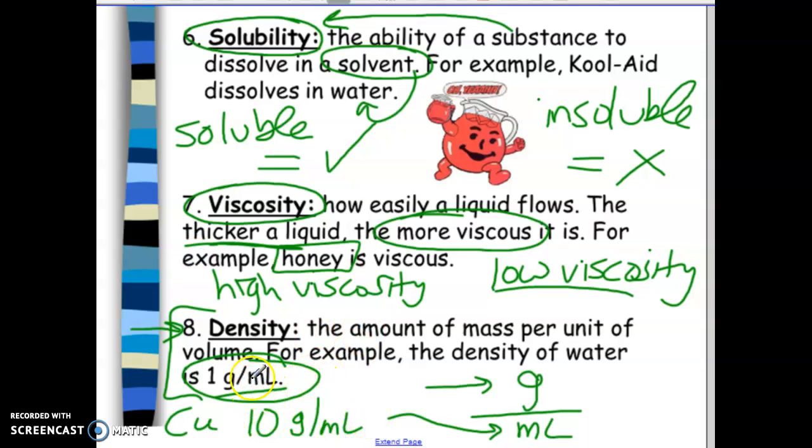So just by looking at the comparison, copper is 10 times more dense than water. Okay, so that tells us that essentially there is 10 times the amount of particles in the same amount of space. So when you're looking at density, that's one way of identifying the substance because it's a unique measured property.